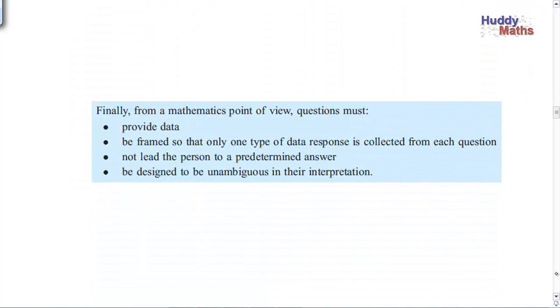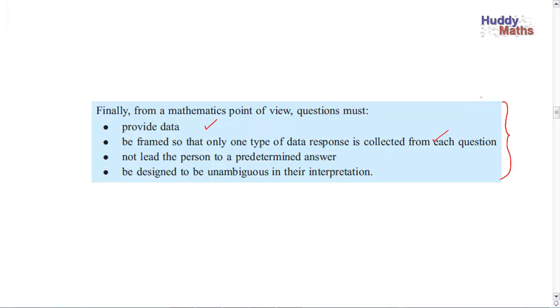So this is our general mathematical principles, and you might pause the presentation a minute and actually note this down. From a mathematics point of view, you must provide some measurement, either an opinion or a length or a width or something. It can be categorical or quantitative, numerical data. And it just must be framed so that only one type of data response is collected from each question.